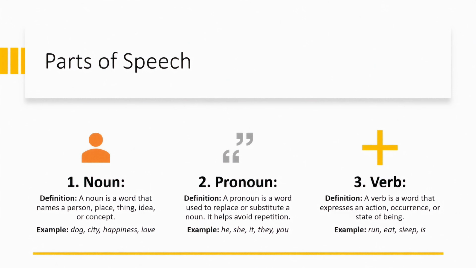One, noun. A noun is a word that names a person, place, thing, idea, or concept. You may say that a noun is anything, whatever you see, whatever you feel, whatever you imagine, whatever you think.